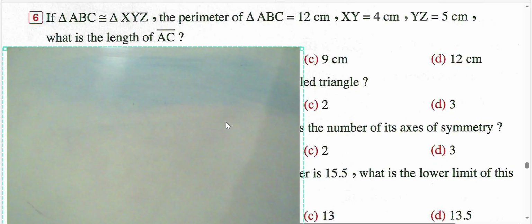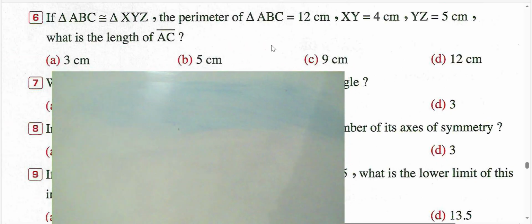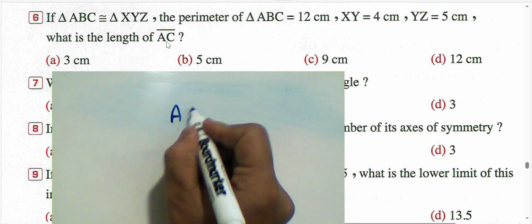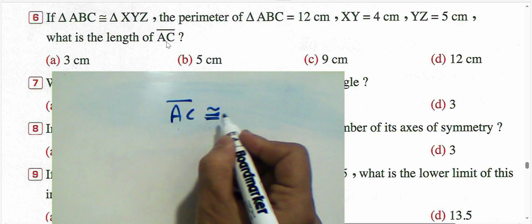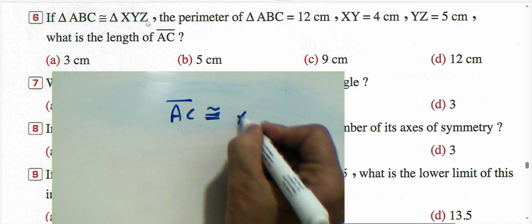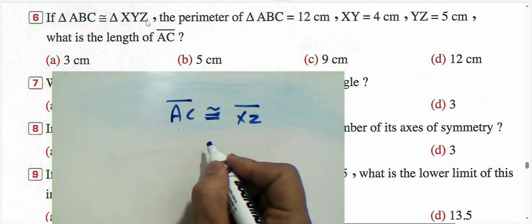Next question. If two triangles are congruent, the perimeter of triangle ABC equals 12 cm and XY equals 4 cm, XZ equals 5 cm. What is the length of EC? We know EC line segment is congruent to XZ, equal lengths.